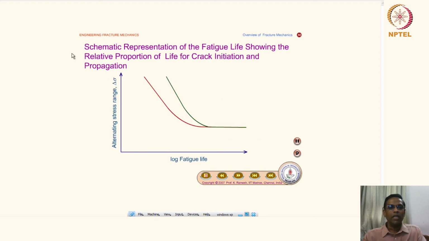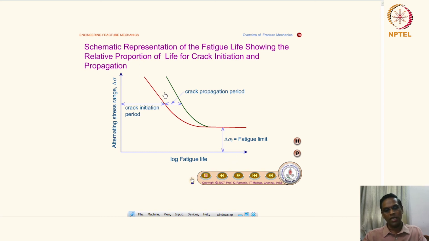So what you are seeing is a schematic representation of fatigue life, showing the relative proportion of life for crack initiation and propagation. This is a plot of alternating stress range delta sigma versus fatigue life.